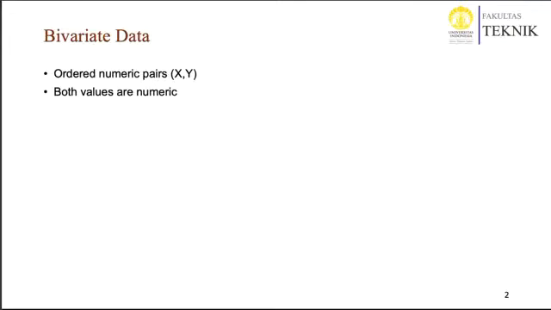And here the numerical data are paired by common characteristics. So we have independent values and also dependent values. Mostly it will be displayed as a graph or scatter plot.